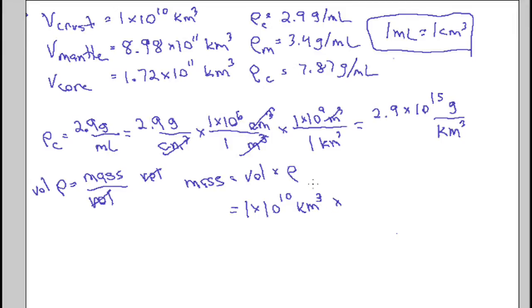times, I'll put that in parentheses just to separate it out a little better, times our density of the crust. We're in the same units, so we need it, and we have that here, that we just spent all the time doing. So that's times the density of the crust.